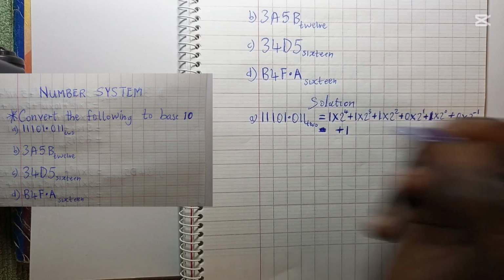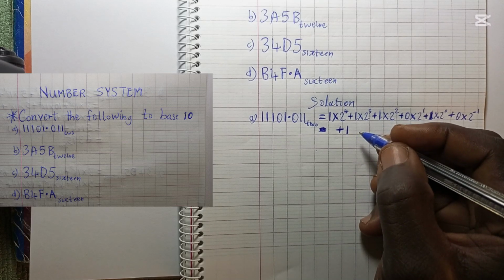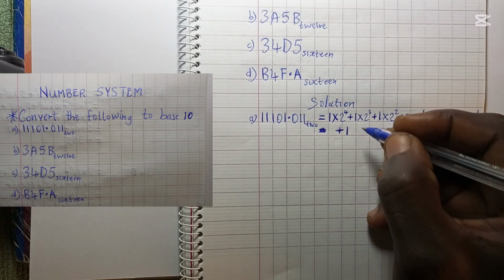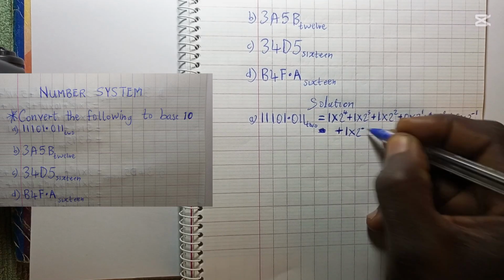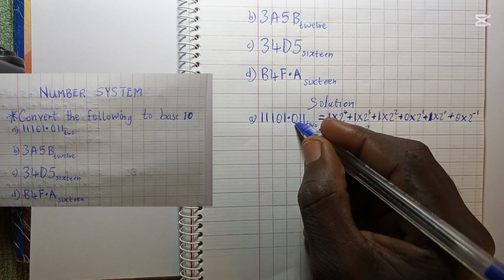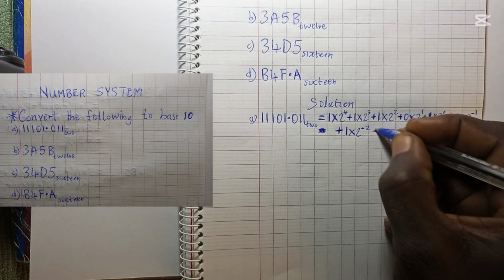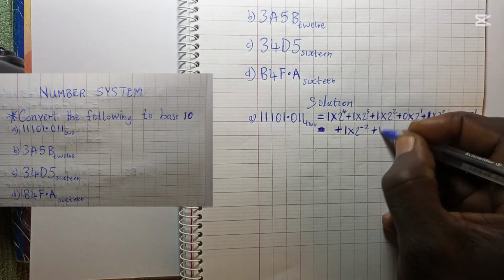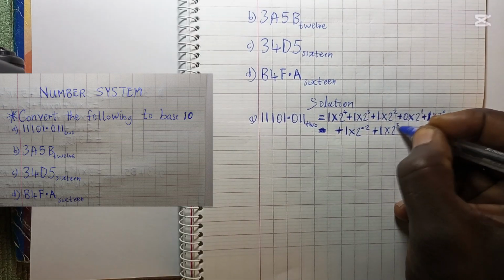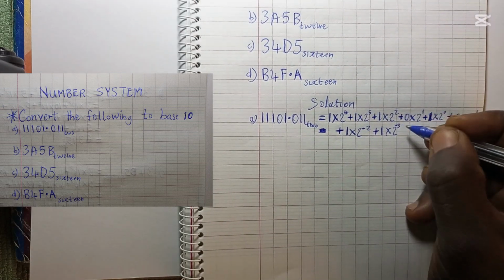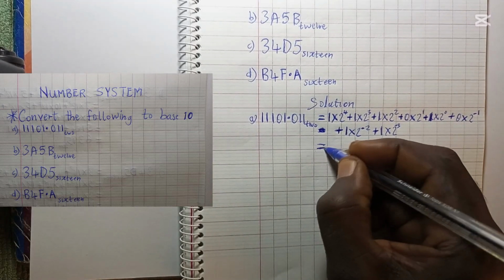times 2 raised to power minus 2. After the decimal point, we have 1, 2 raised to power minus 2, and then plus this last one here, 1 times 2 raised to power minus 3, and then equal to this.